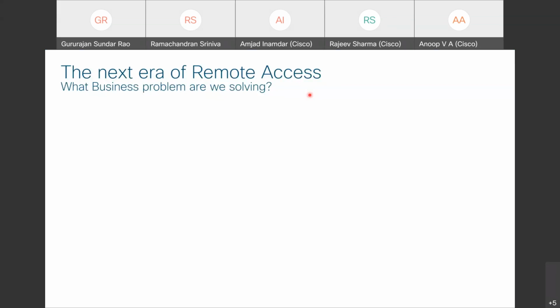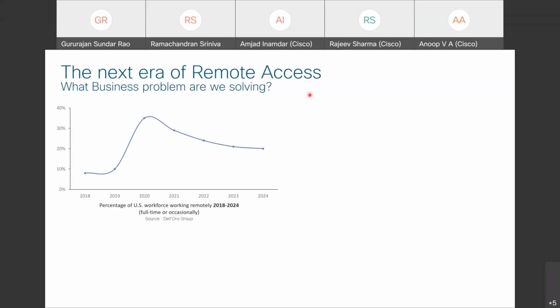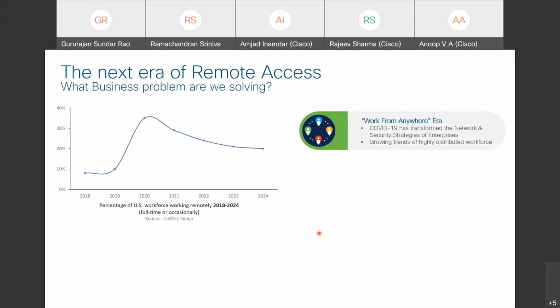So what is the problem we are trying to solve? If we look at the trend of the percentage of remote access traffic, the RA traffic has really spiked up during the pandemic, and it'll remain so with the new hybrid work model. So traditionally, remote access traffic used to be a relatively smaller percentage of the overall enterprise traffic, right?